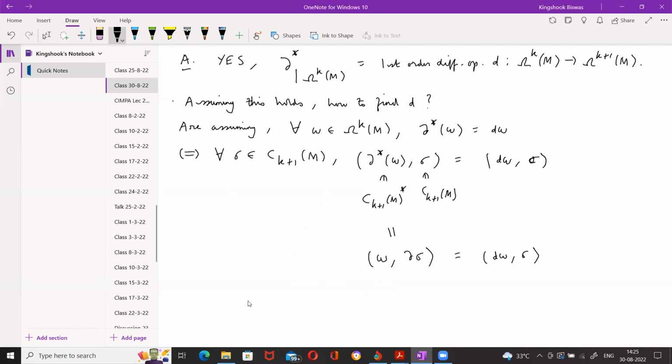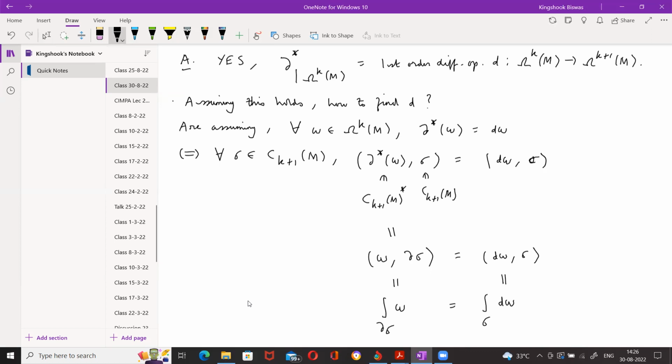Now omega is a form and d omega is a form, and these are chains. So this pairing is just the usual integration pairing. So this is the integral of omega over boundary sigma. This should be the same as the integral over sigma of d omega. Now, I'm sure all of you would have seen this formula before.